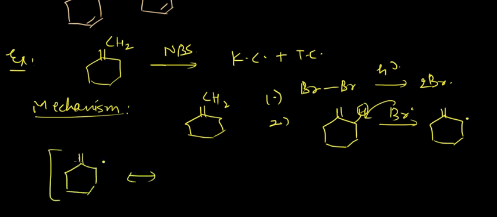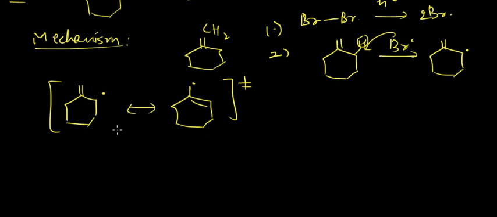This can actually undergo rearrangement or conjugation, as we can get something like this in the intermediate. Now obviously this free radical at this position is having how many alpha hydrogens? 2 alpha hydrogens, and at this position we are having 0 alpha hydrogens. So obviously this would be determining our KC product.